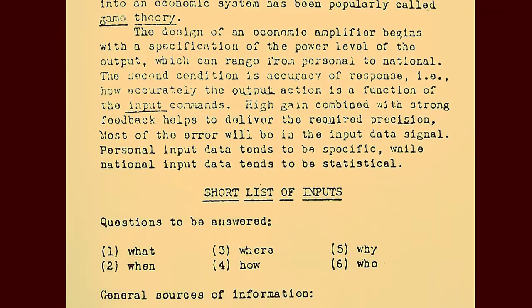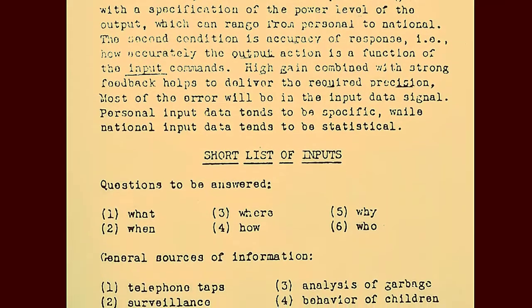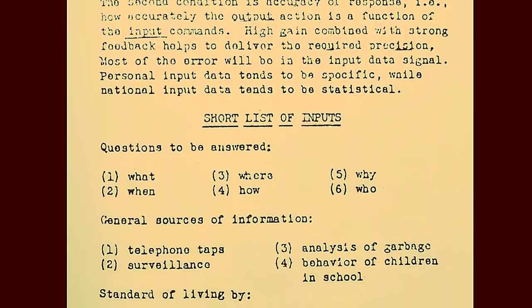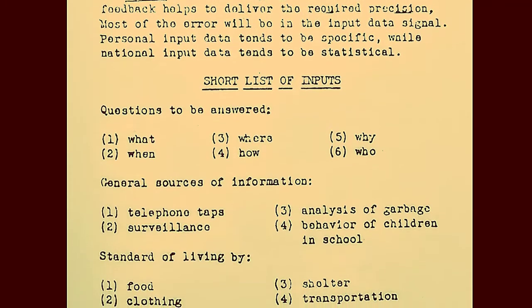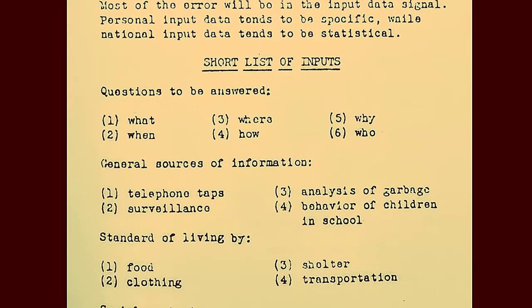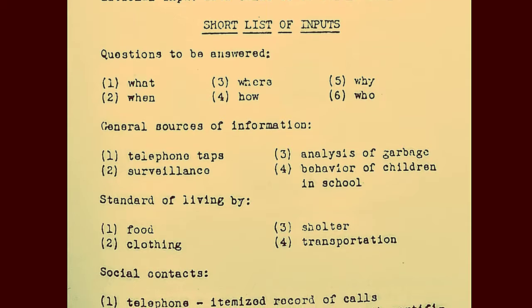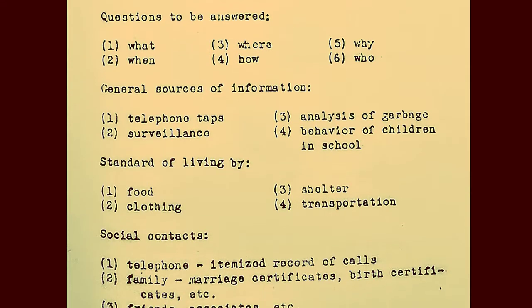The design of an economic amplifier begins with a specification of the power level of the output, which can range from personal to national. The second condition is accuracy of response. For example, how accurately the output action is a function of the input commands.